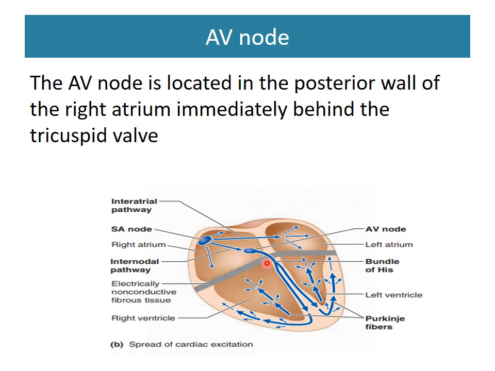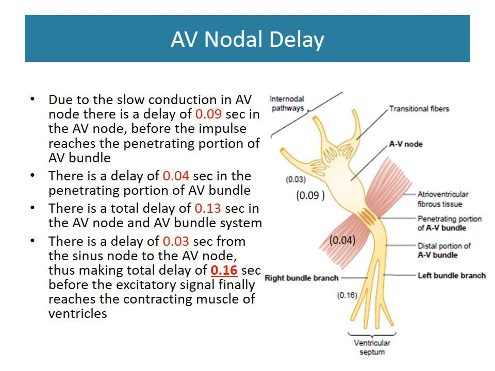Look here, this is the electrically non-conductive atrioventricular fibrous tissue, the gray colored, between the atria and the ventricles. The action potential or impulse is conducted relatively slowly through the AV node, known as the AV nodal delay.